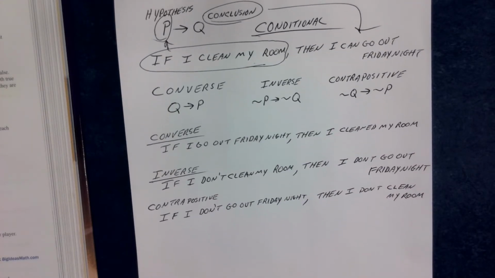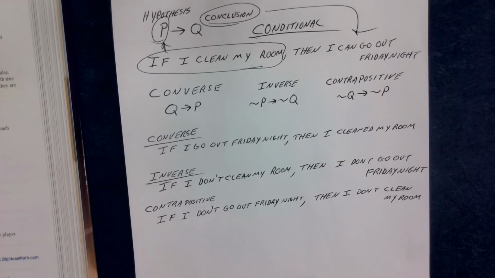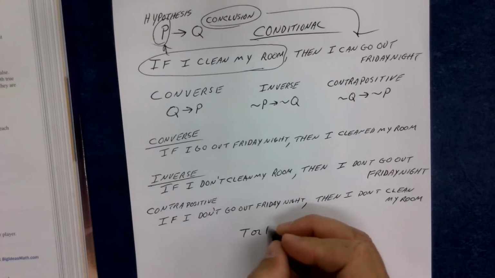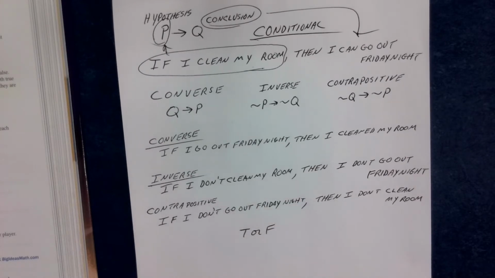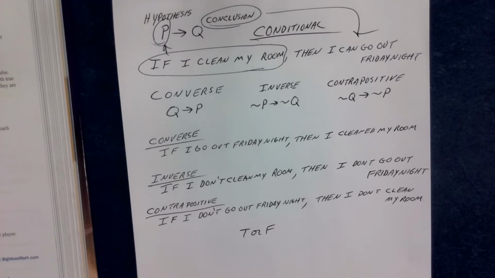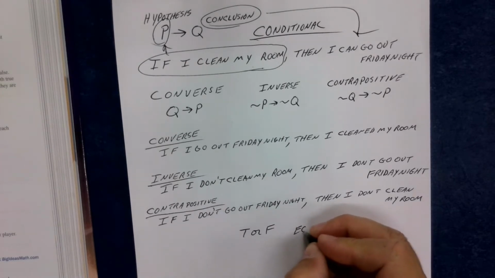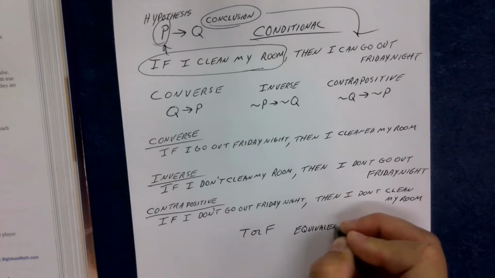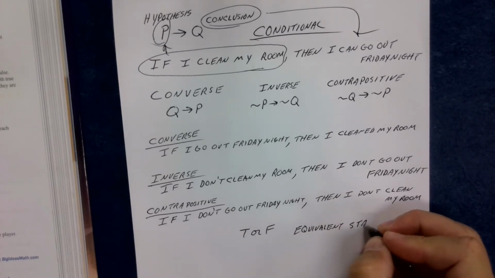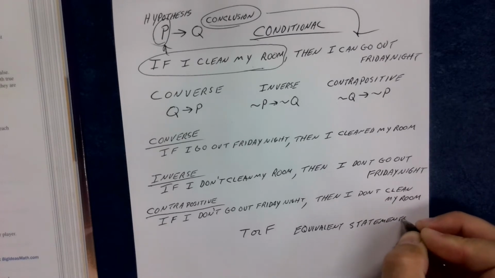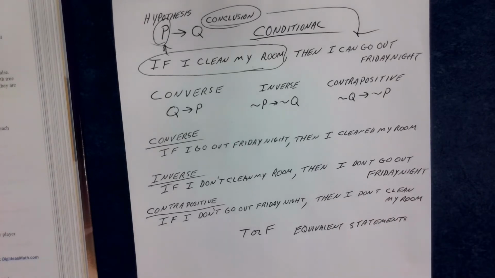Then we talk about, with all of these statements, mathematically speaking, whether or not they are true or false. Here's the deal. There are things called equivalent statements, and equivalent statements are ones that have the same truth value.